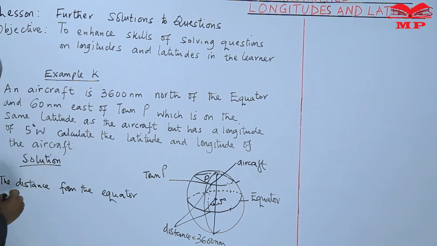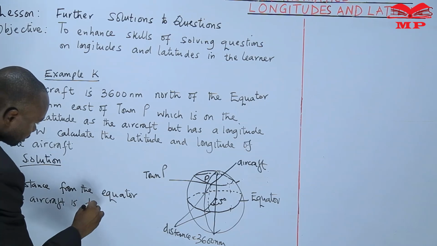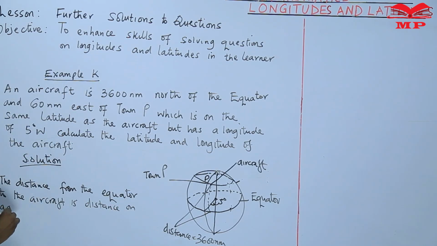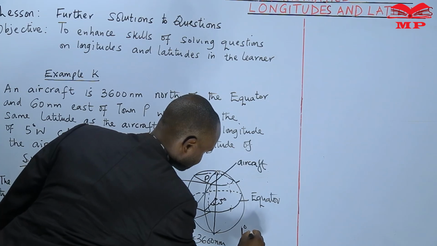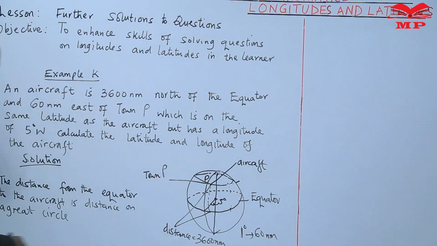So the distance from the equator to the aircraft is distance on a great circle. It's distance on a great circle, and we learned that 1 degree subtends 60 nautical miles.